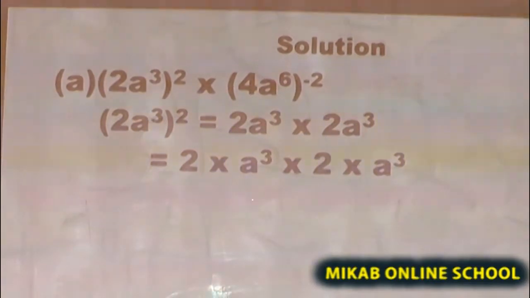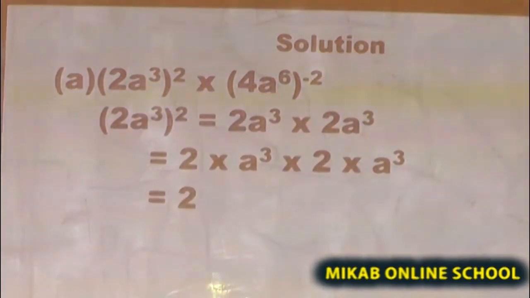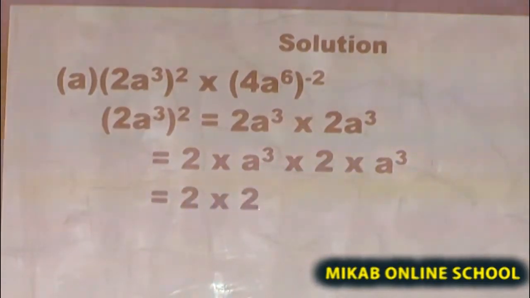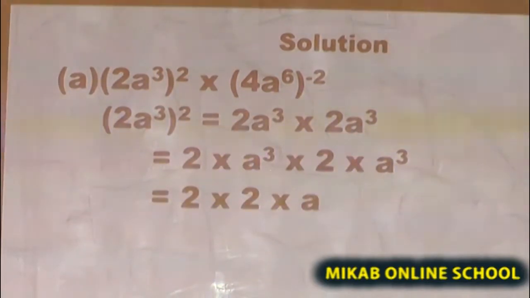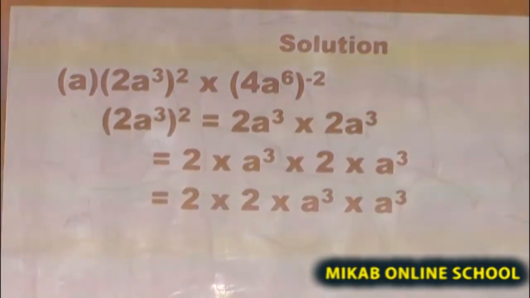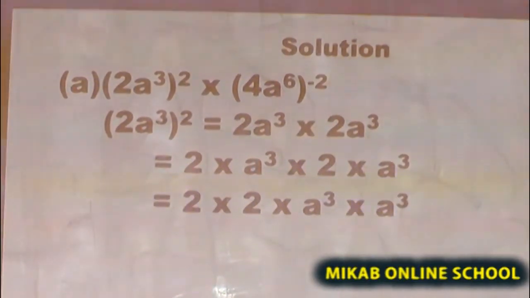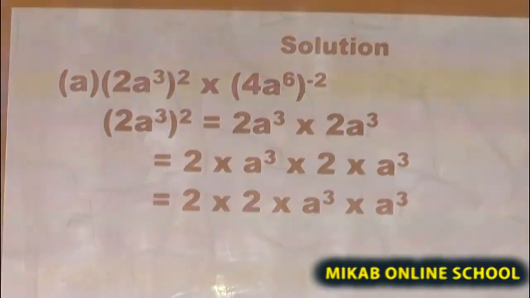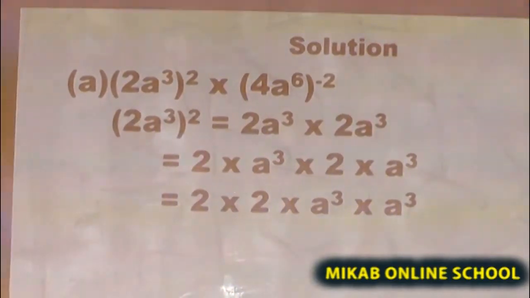If you do that, you are going to have 2 times 2 times a raised to the power of 3 times a raised to the power of 3. And this 2 times 2, they are raised to the power of 1.